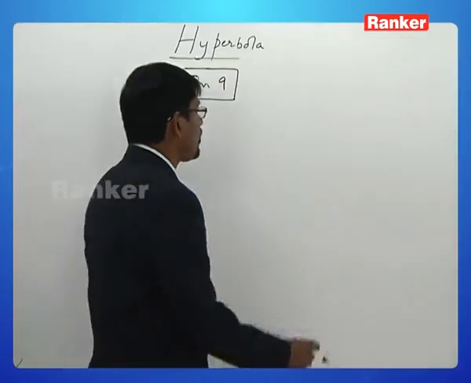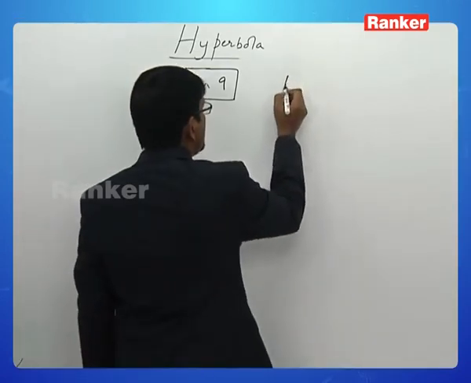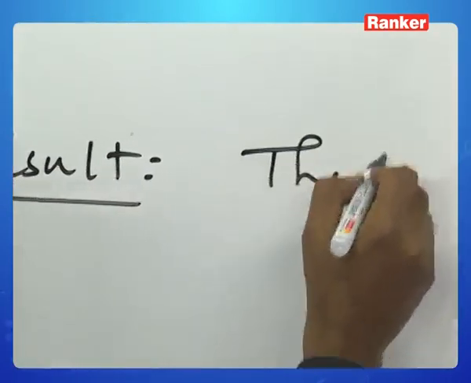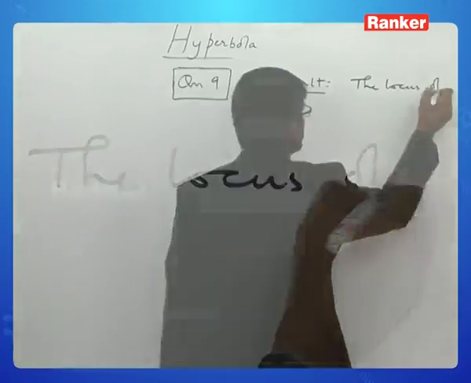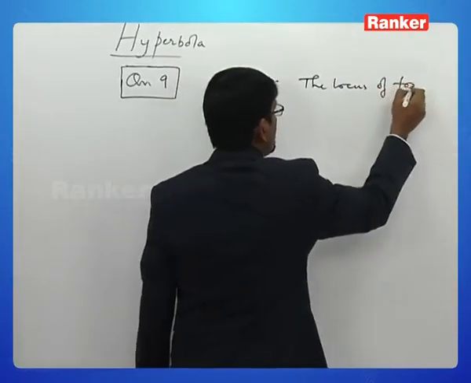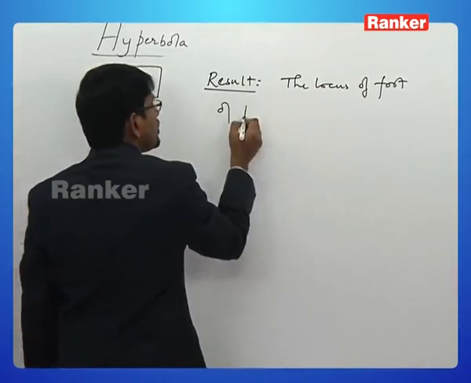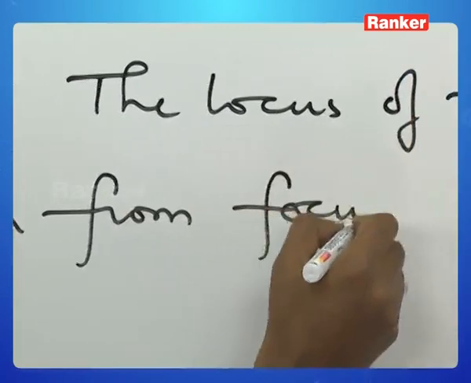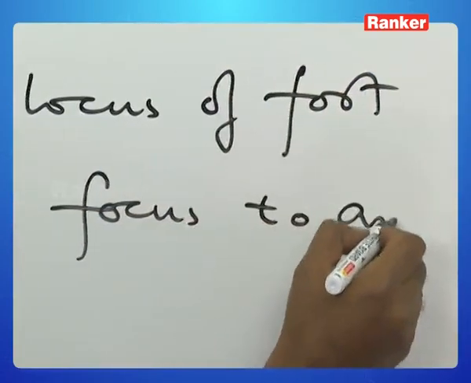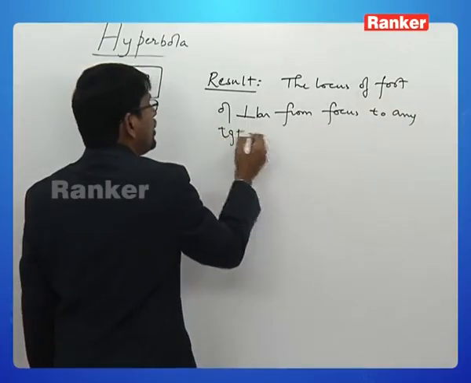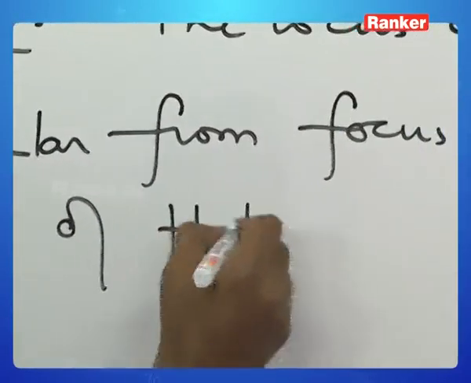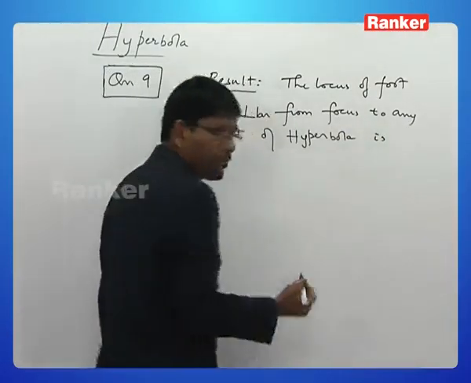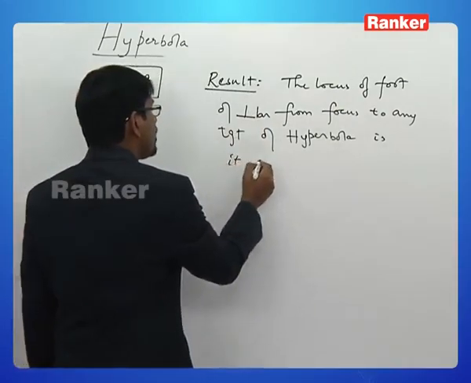Now, there is one result. The result says this: the locus of the foot of perpendicular from focus to any tangent of the hyperbola is its auxiliary circle.